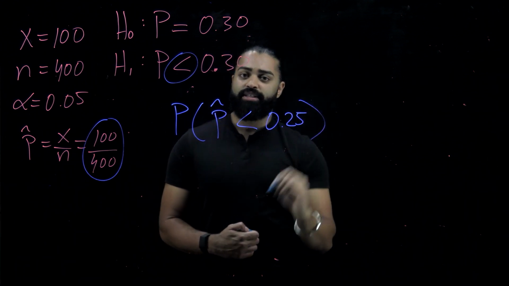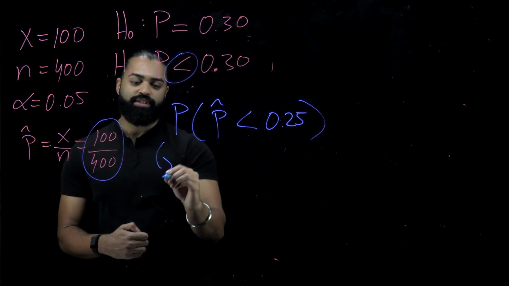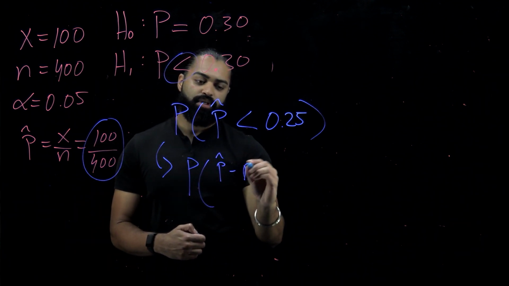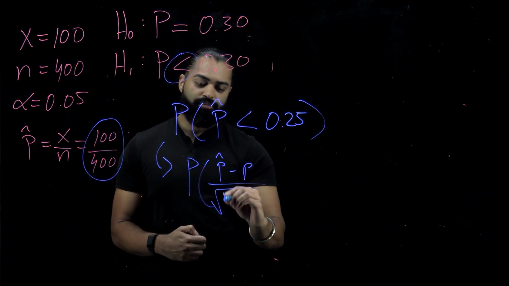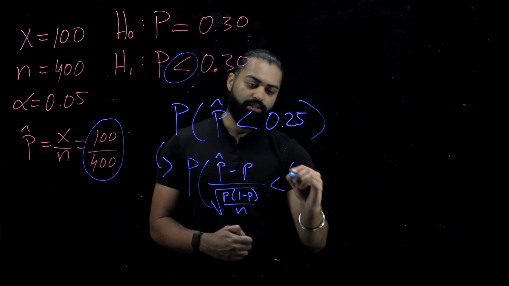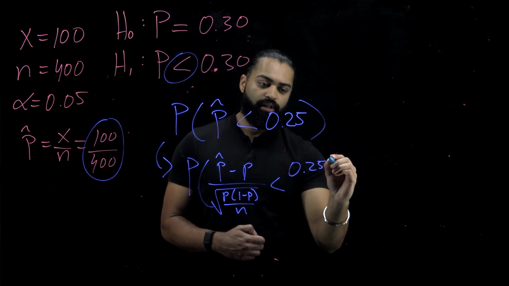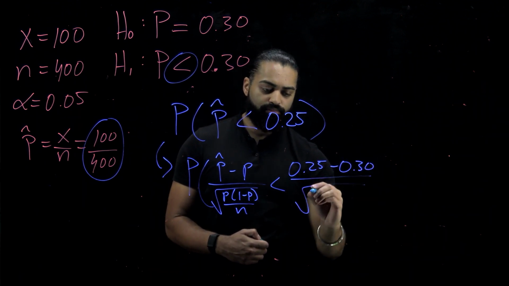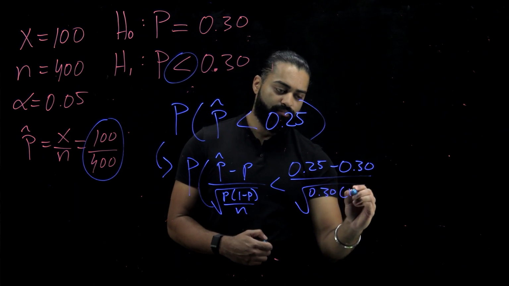So we want to standardize this. We have formulas to standardize. It's the probability that p hat minus p over the square root of p(1 minus p) over n is less than 0.25 minus 0.30. You plug in all the other values.